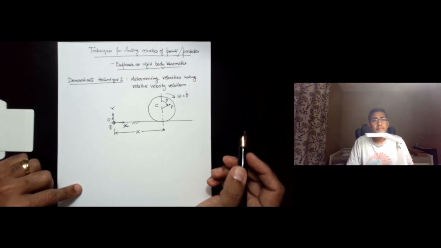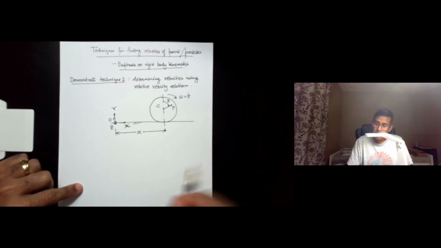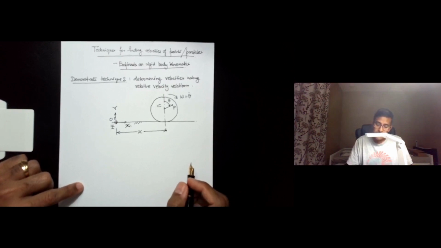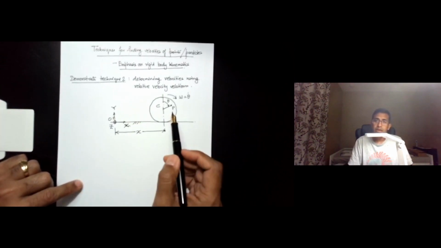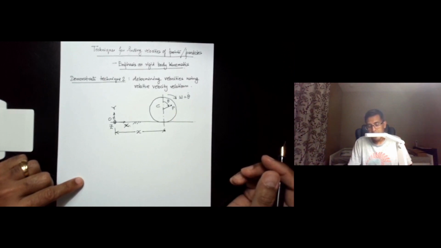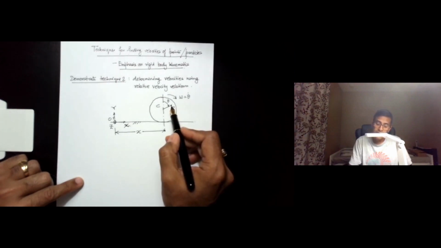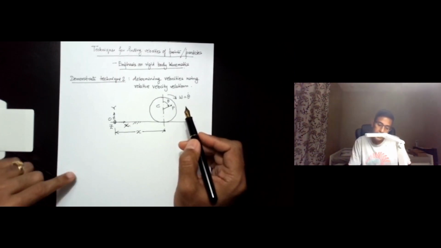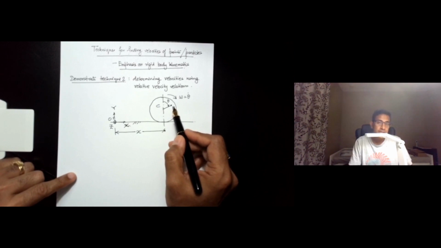Okay, now the technique that we are going to demonstrate, so keep in mind that in the previous video our goal was to find the velocity of the point P using direct differentiation of its position.